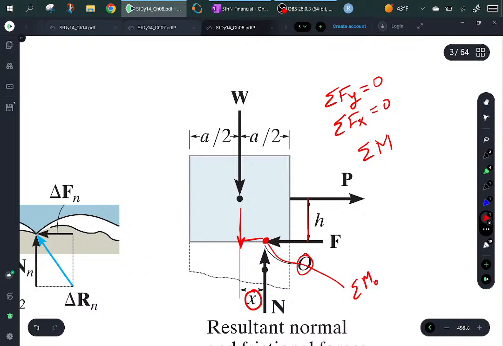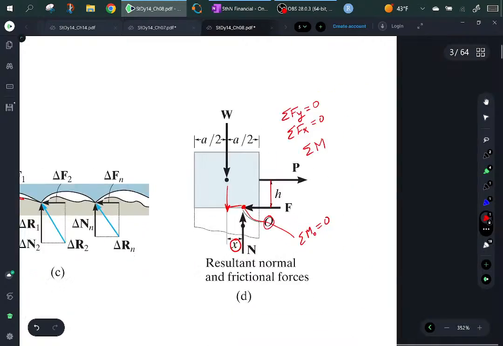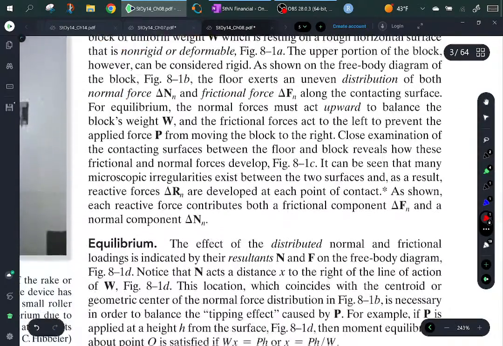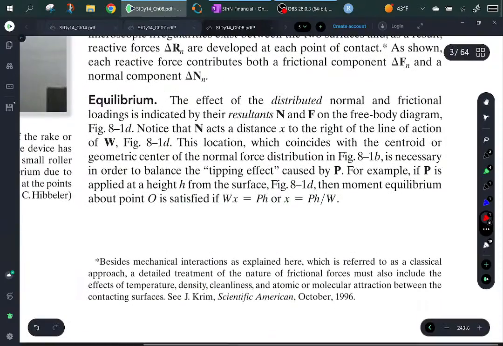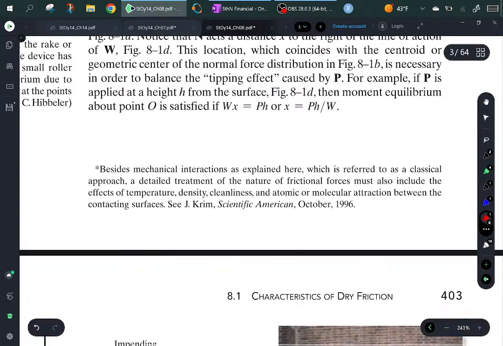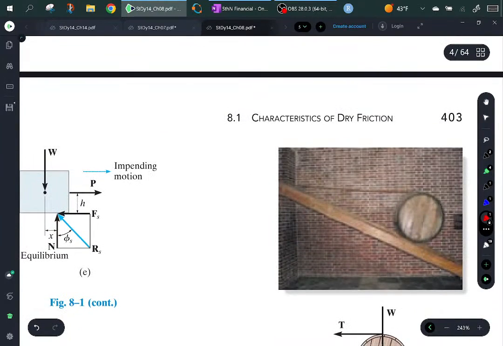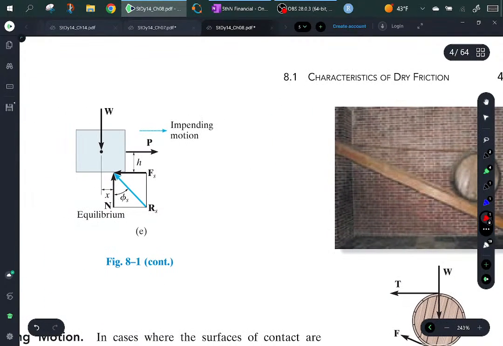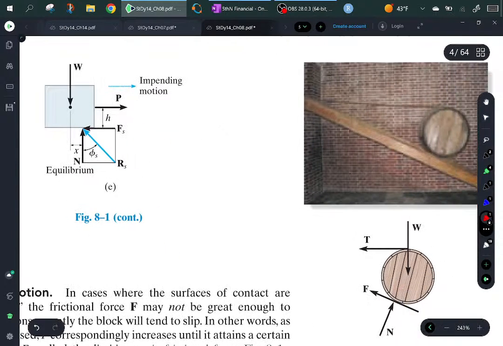So I guess he's identifying that as point O. That has to equal 0. So he talks about this somewhere down in here. Equilibrium is the fact that the sum of the forces and the sum of the moments all have to drop out, so that normal force and the friction force often will move to the right to compensate.